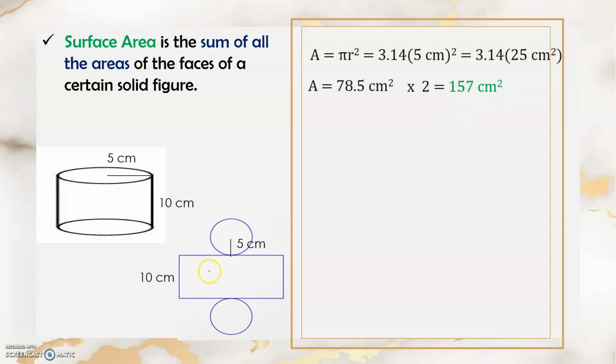Now let's find the area of this rectangle here. This rectangle has a width of 10 centimeters and its length is not yet given. But we know that this length here is equal to the circumference of our circular bases, because for us to form a cylinder, we have to connect this length here with the circular base.